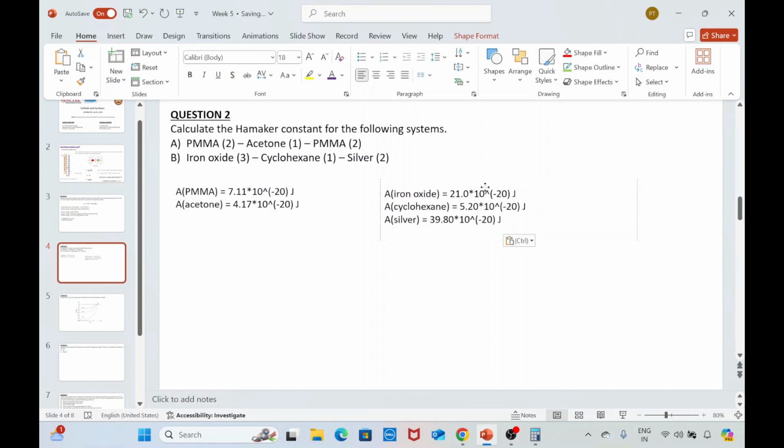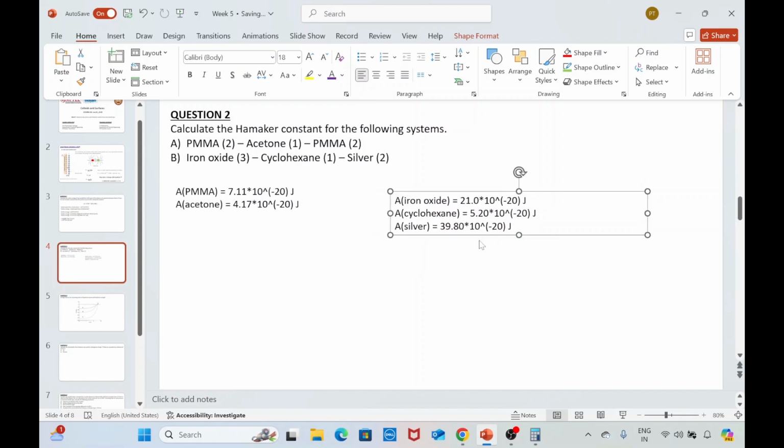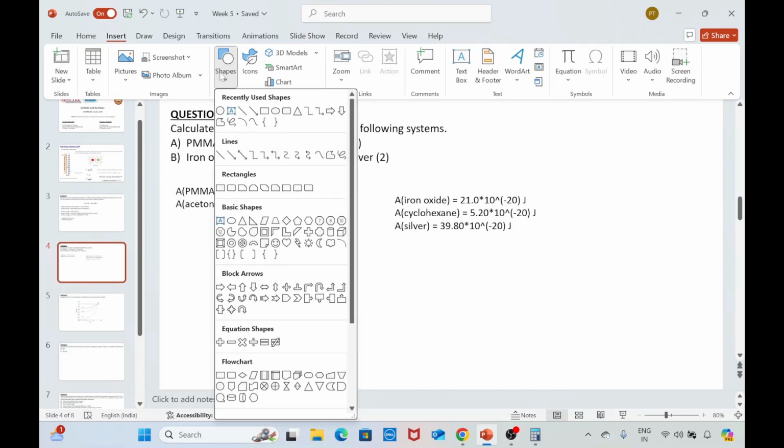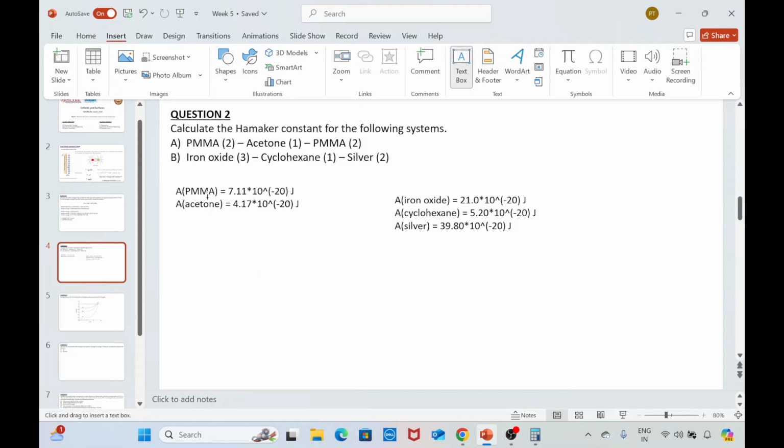So this is the Hamaker's constant for these three systems. Now you need to calculate the Hamaker's constant for the following system. In the first case, you have two similar PMMA particles, which are separated by acetone.